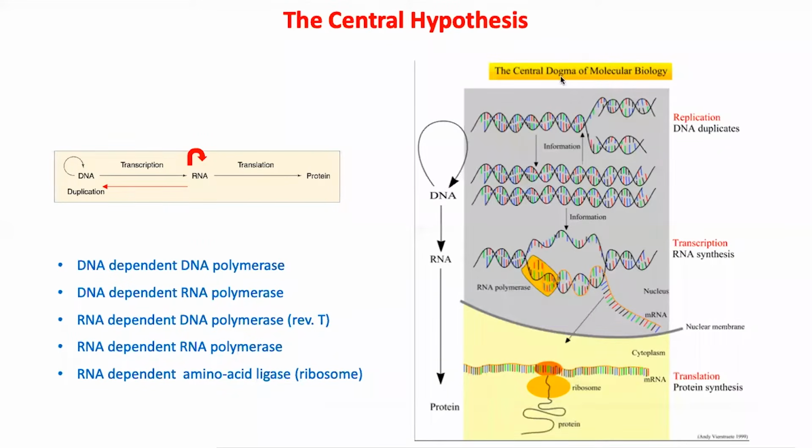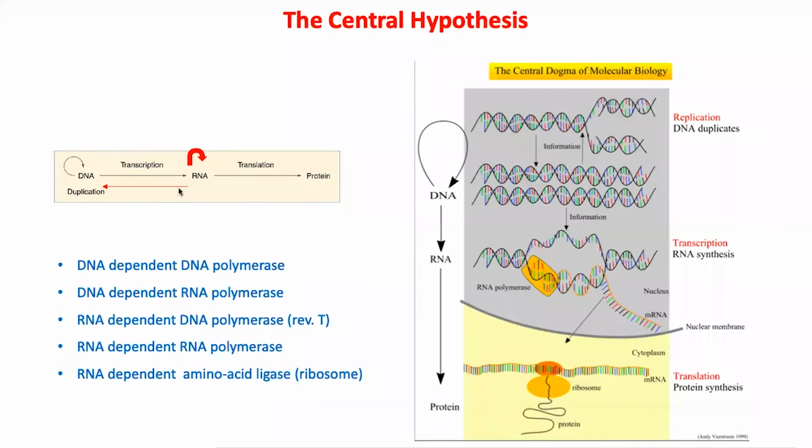The genomic DNA stays inside the nucleus, sitting on chromosomes, and the RNA then comes out of the nucleus in a eukaryotic cell, goes to the cytoplasm. In a prokaryotic cell, of course, there is no compartment between the nucleus and the cytoplasm. And once it goes to the cytoplasm, it gets translated.